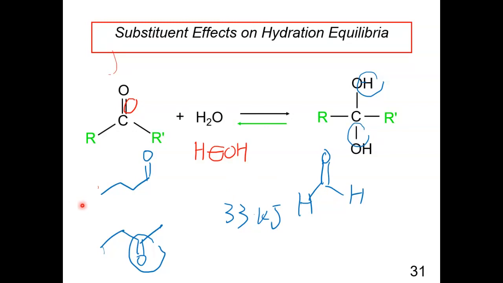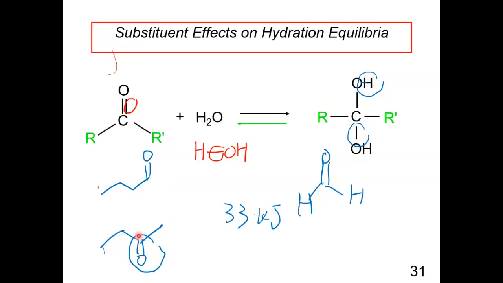This kind of scheme you will see throughout the rest of the semester. Basically, the formaldehyde carbonyl group is substantially less stable than the regular aldehyde carbonyl, and the regular aldehyde carbonyl is substantially less stable than the ketone carbonyl.